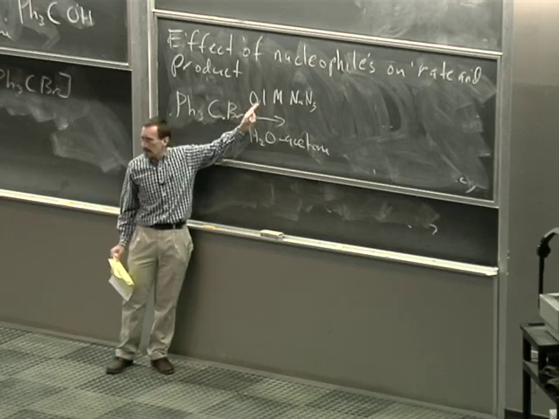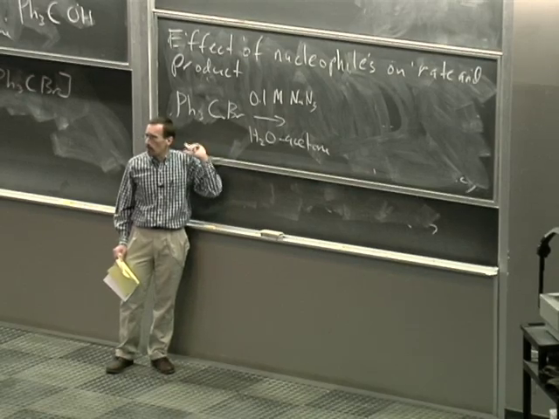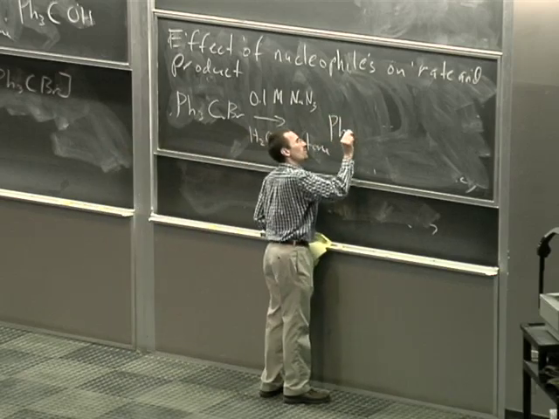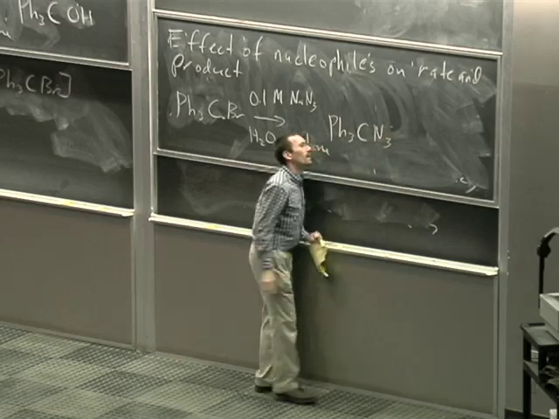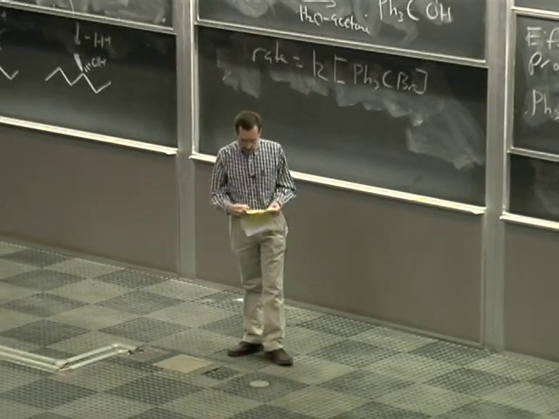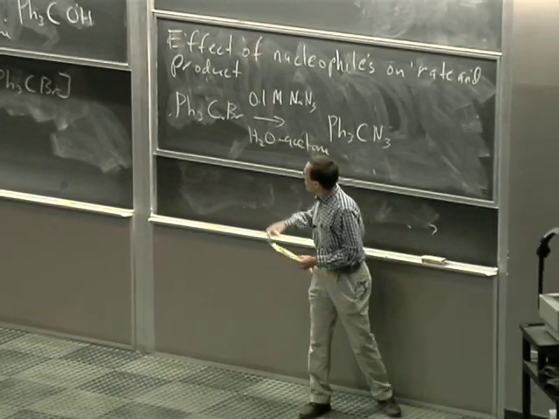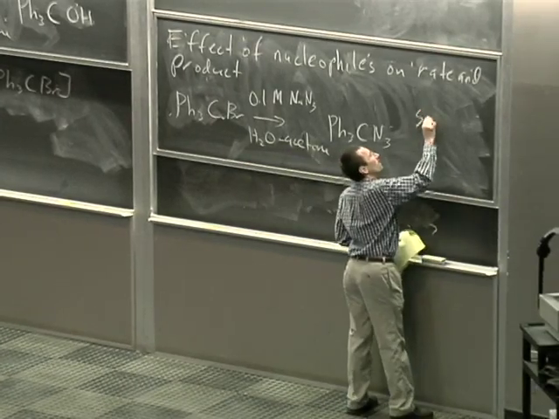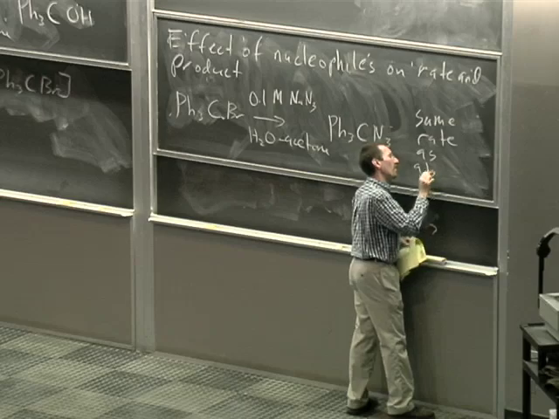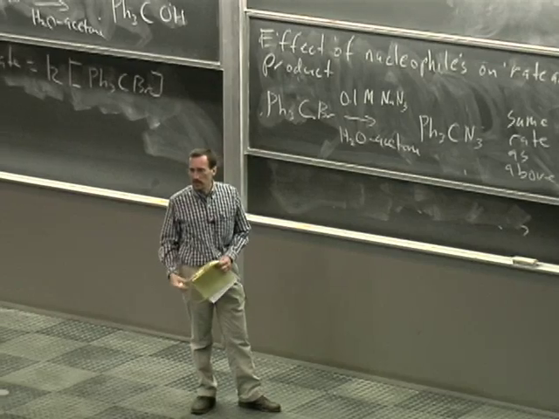We've dissolved our azide to make a 0.1 molar solution, and we throw in, let's say, a gram of bromo-triphenylmethane. What we would observe as a product is triphenylmethyl azide. But what's interesting is that the rate of the reaction is the same as the rate of hydrolysis, as above, referring back to our reaction where we're carrying out our solvolysis.